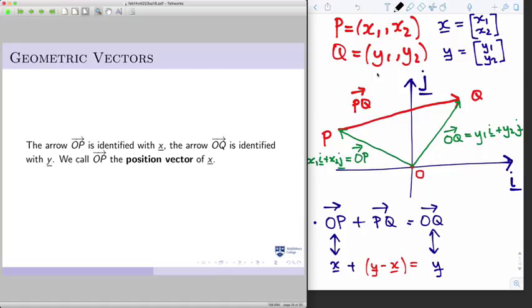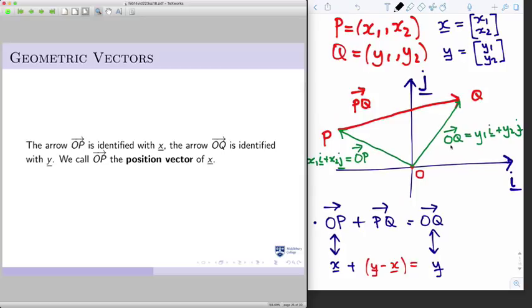Let's think about how the column vectors are related to these displacement vectors. We could think of the displacement vector from the origin to P. The displacement vector OP is the same as moving x1 units in the i direction and then x2 units in the j direction.